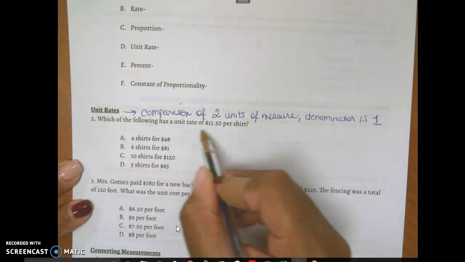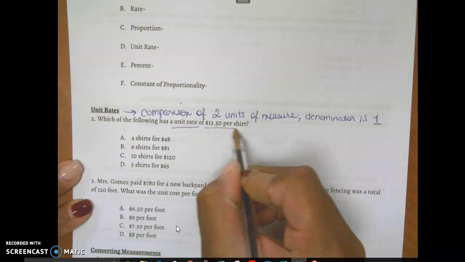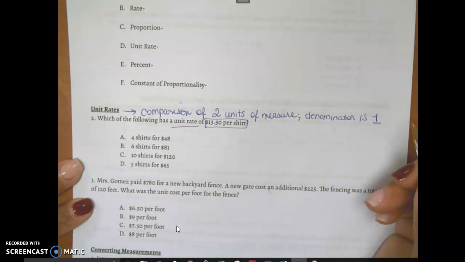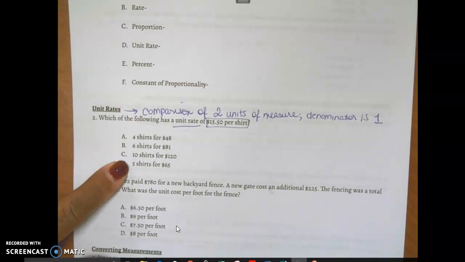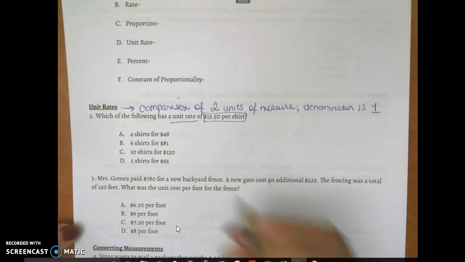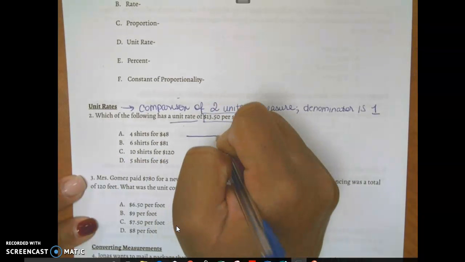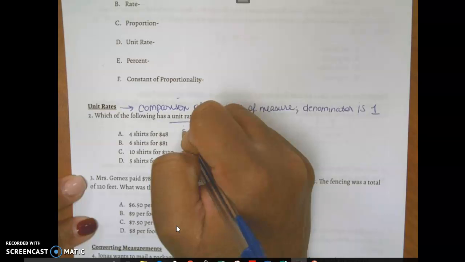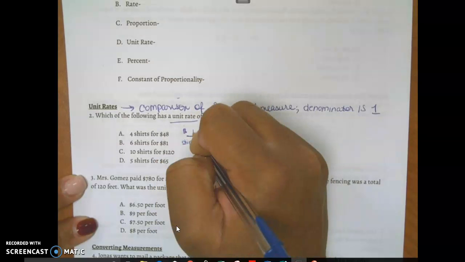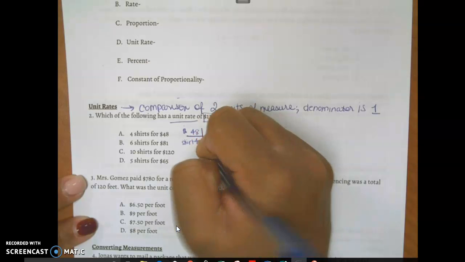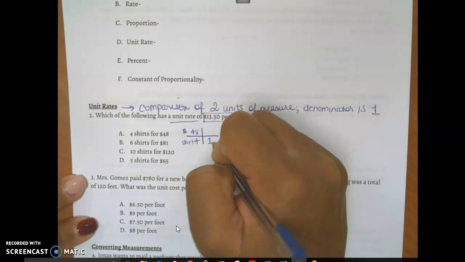So I want to know here, it says, which of the following has a unit rate of $13.50 per shirt? They give me the unit rate. And now I need to find out which of these unit rates match. So I can either make a proportion and say dollars and shirts and do $48 for 4 shirts. But I want to know how much it costs for one.